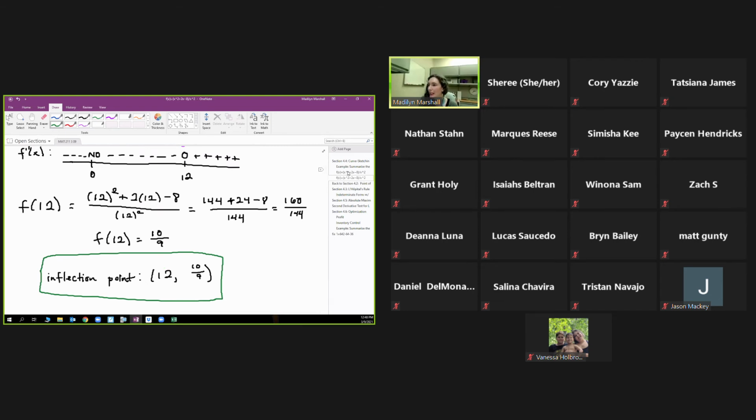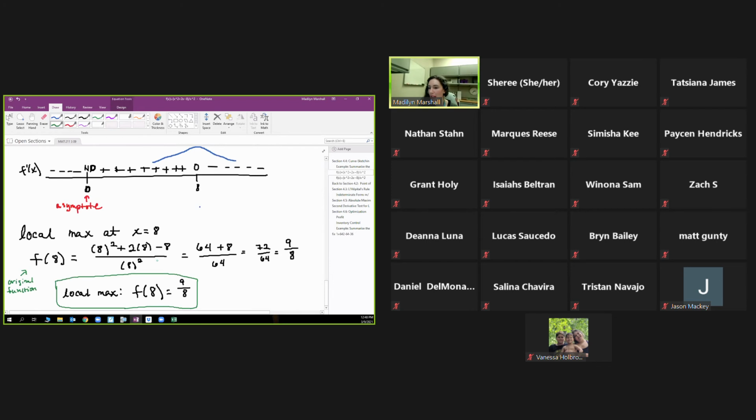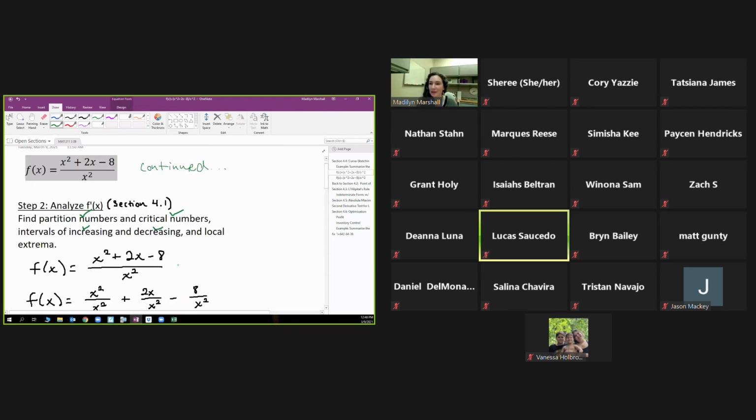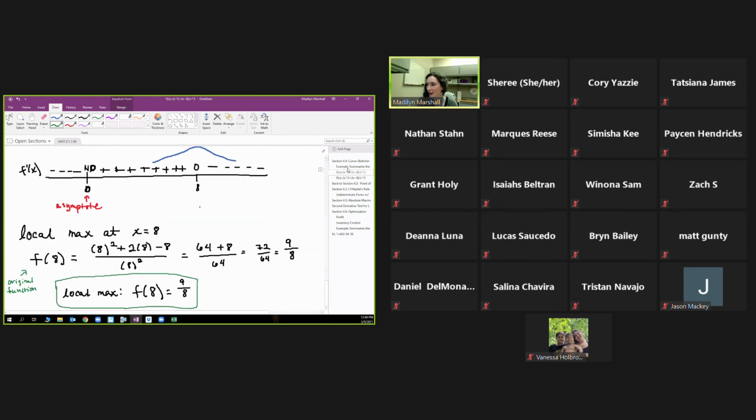Whereas technically the local extrema, the actual local maximum is the 9/8 part. It's the maximum that's actually achieved. And so the focus is on that, but writing it in function notation is just a way of saying the local max is 9/8, but it happens when X is 8. Makes sense. Yeah, it's mostly style.